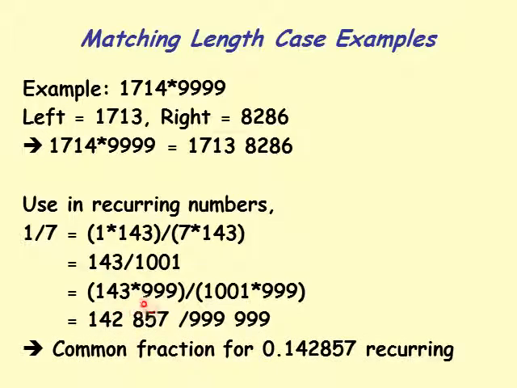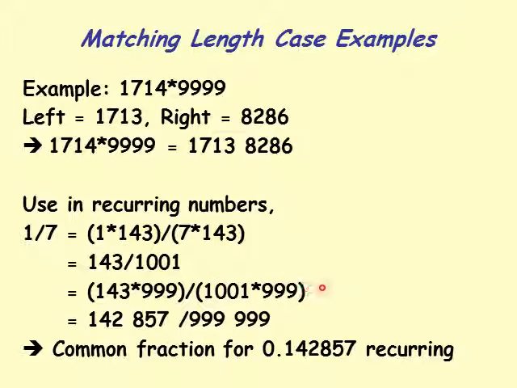So on the numerator, I have 1 less than before on the left and all from 9 and last from 10 on the right, which comes to 142,857. In the denominator, I got 999999, 6 nines in the denominator and 6 digits in the numerator.